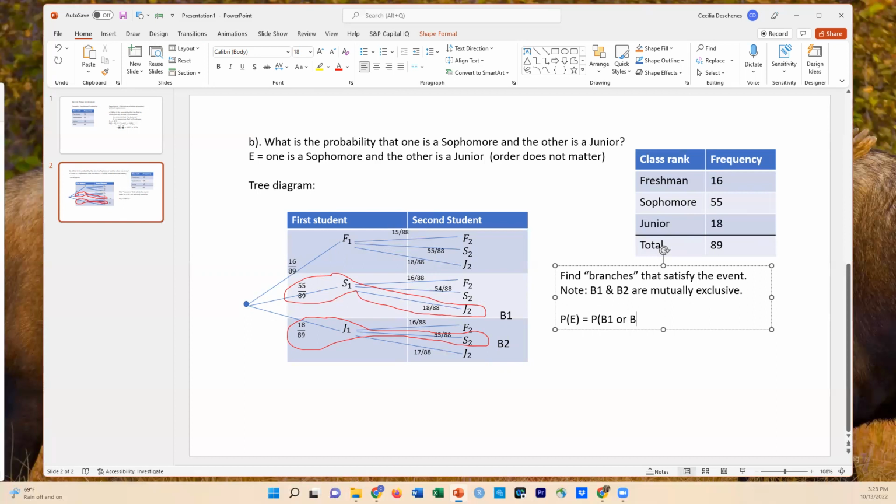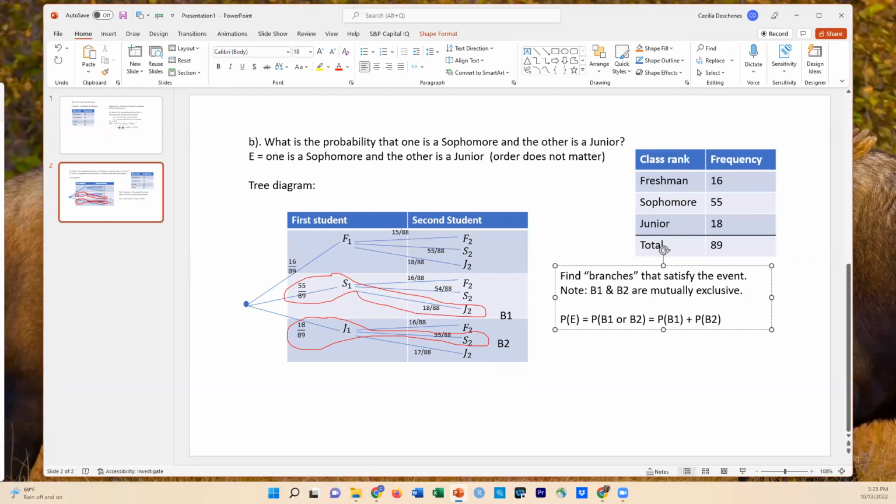So if either one happens, we will have satisfied our event. The probability of B1 or B2 for mutually exclusive events, if you remember, is just adding up. There's no overlap. If you were to draw this as a Venn diagram, when they're mutually exclusive, the probability is just the probability of one plus the probability of the other.